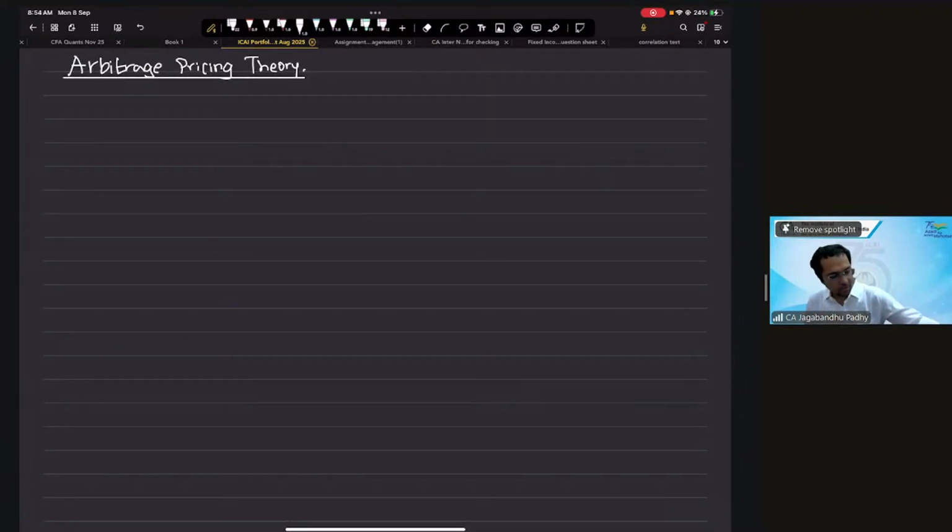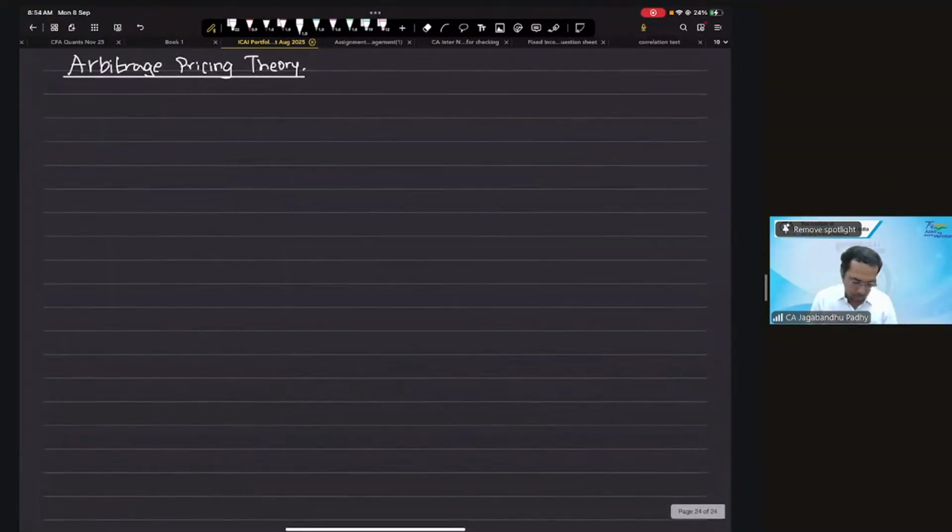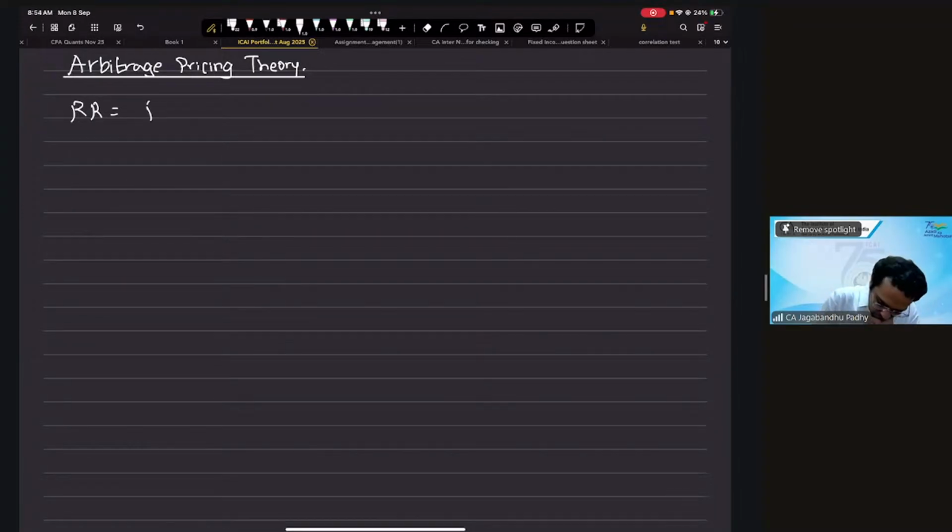It is again an offshoot extension from CAPM. In CAPM, we said that required return of our portfolio will be RF plus beta into RM minus RF, right?